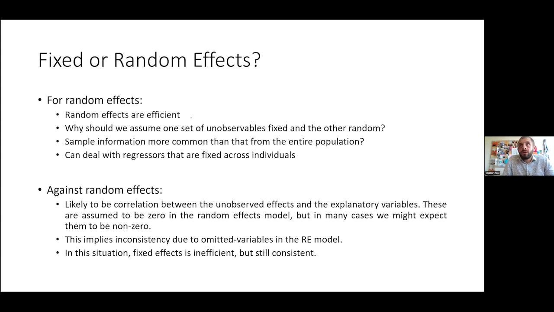And clearly, for me, what matters more is the consistency of the estimate more than its efficiency. Okay? So that's the theoretical background that we need before we start working on the do file that I will share now. Any question or anything that's not clear?